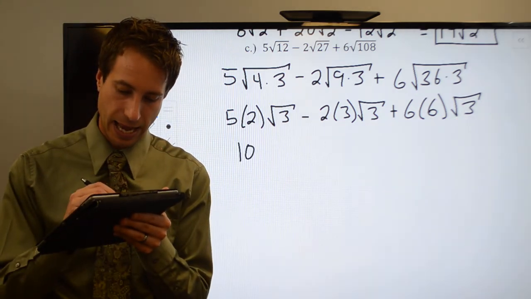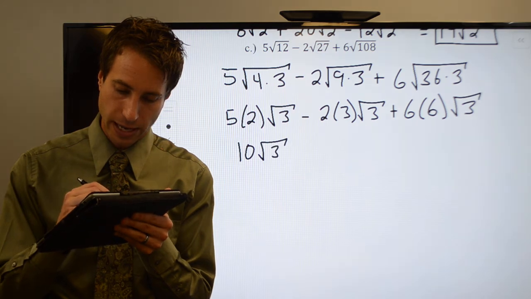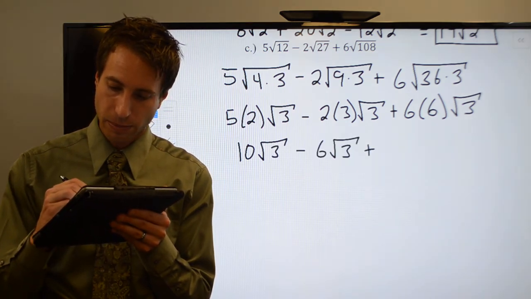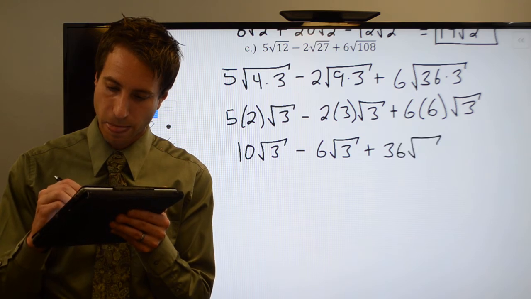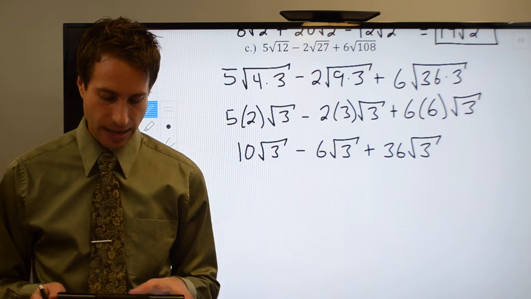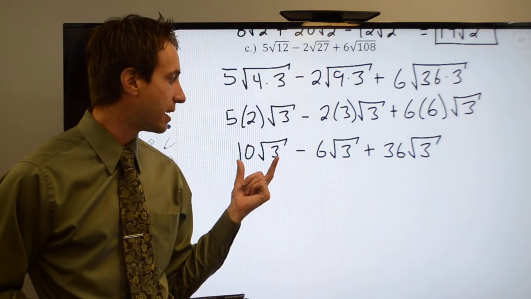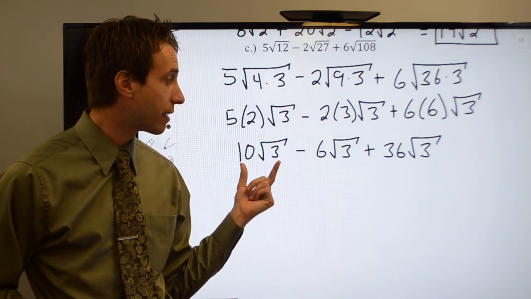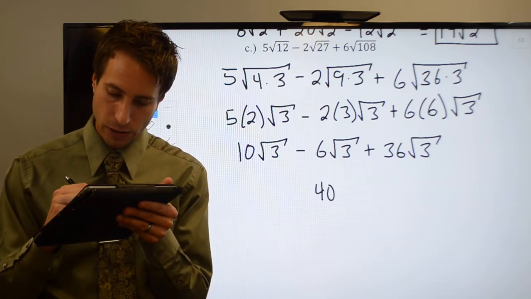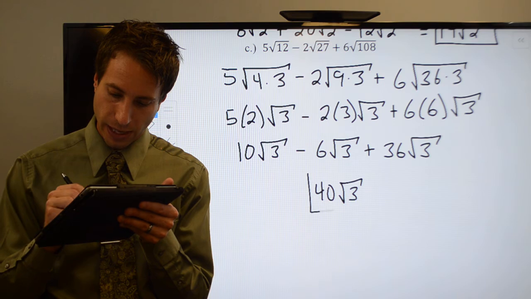That's going to be 10 square roots of 3 minus 6 square roots of 3 plus 36 square roots of 3, and what we wind up with is 10 minus 6 would be 4 square roots of 3. 4 square roots of 3 was 40. How about 40 square roots of 3?